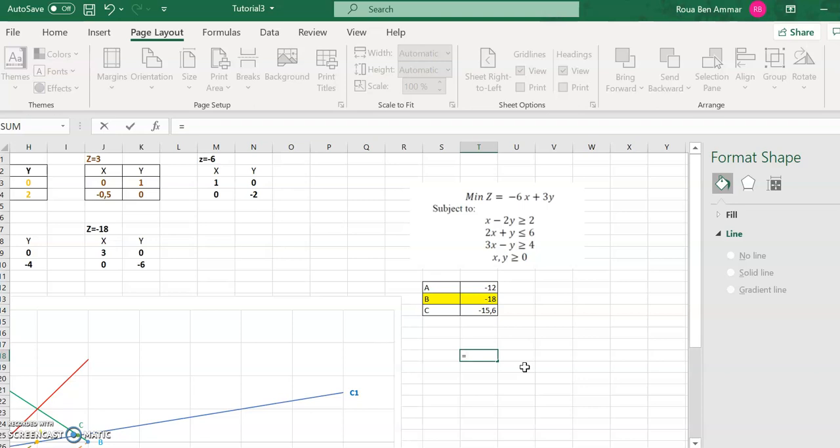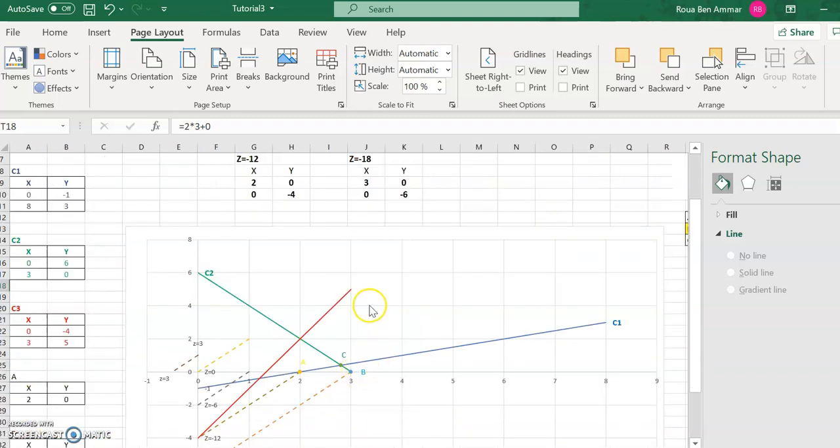So it's 2 multiplied by 3 plus y, which is 0. It is 6. So the left-hand side is equal to the right-hand side. This means that the optimal solution falls somewhere on the line representing this constraint. So it is for sure binding.